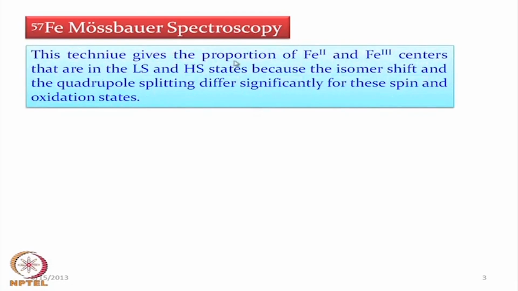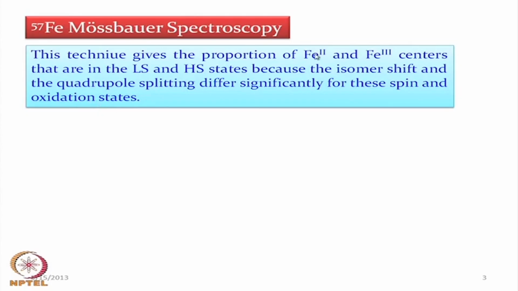That means if we have iron, whether that particular complex is in the low spin or the high spin can be very nicely tackled with the Mossbauer spectrometer. It can be utilized for the isotope of iron, 57 iron, which is Mossbauer sensitive, and the technique gives the proportion of iron 2 and iron 3 centers that are high spin and low spin, because the isomer shift and the quadrupole splitting differ significantly for these spin and oxidation states.